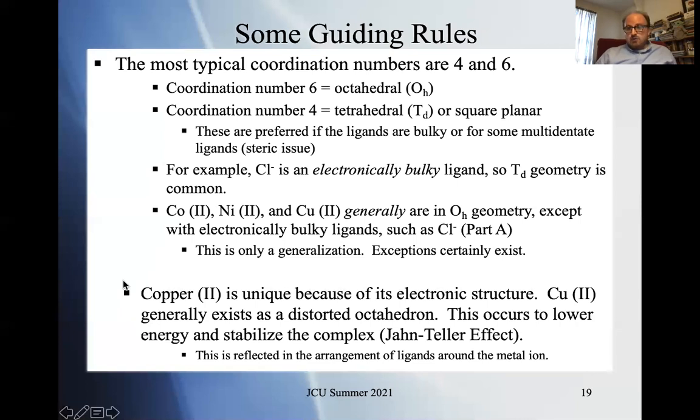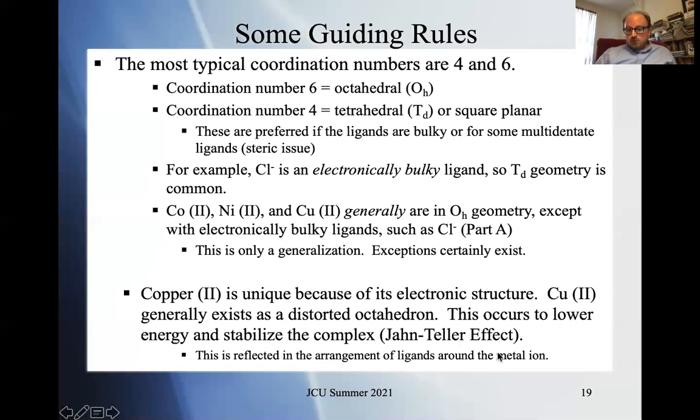And this has to do with the fact that because of all the electrons on copper, it ends up distorting its own orbitals to lower its potential energy. The bottom line is, in chemistry, it is always trying to lower energy. So with copper 2, it actually reorganizes itself to get to a lower point of energy to be more stable.